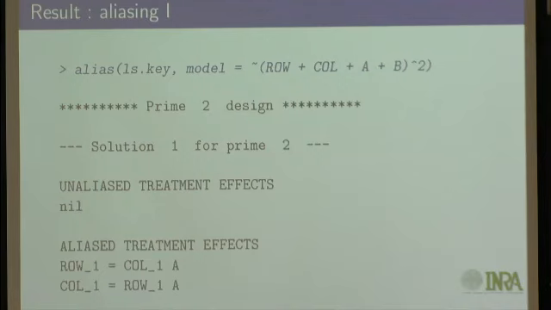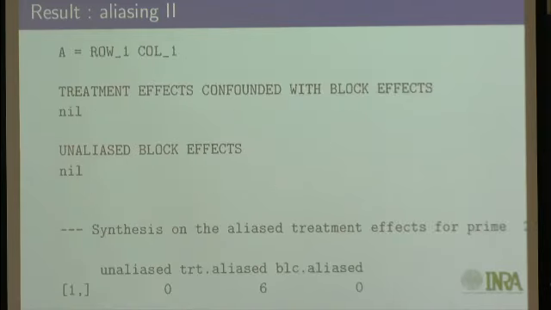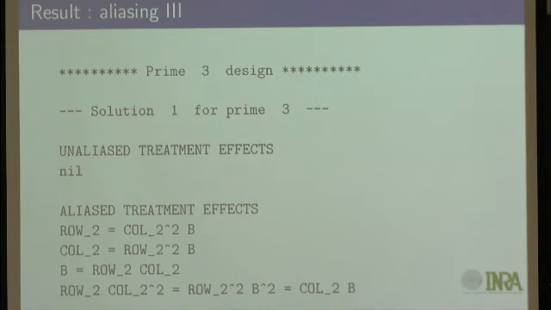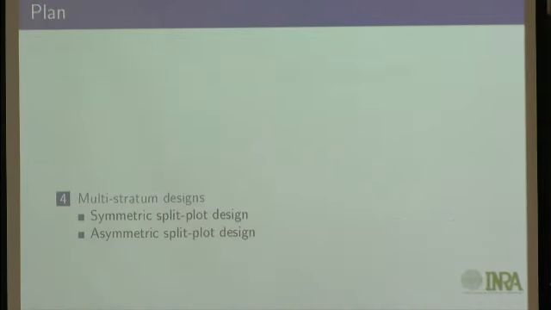And then when you ask information about the solution, at the moment the output is divided between what happens for the prime 2 part and what happens for the prime 3 part. So here there are confounding relationships for the factors at 3 levels, pseudo-factors at 3 levels.